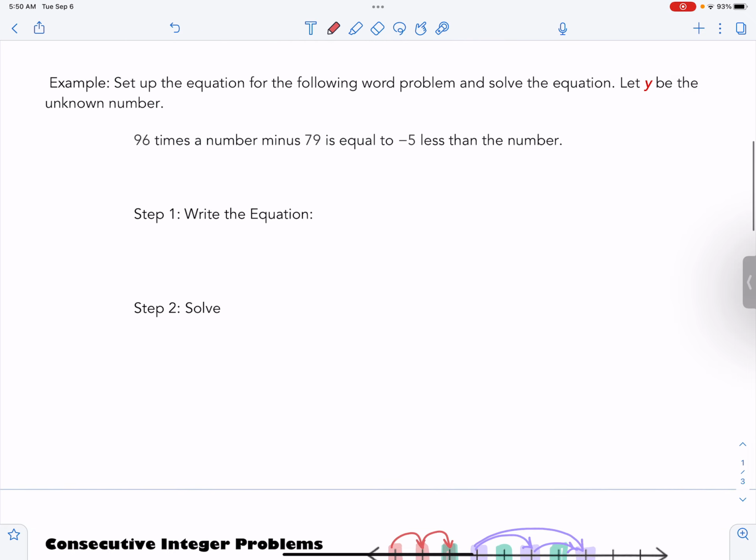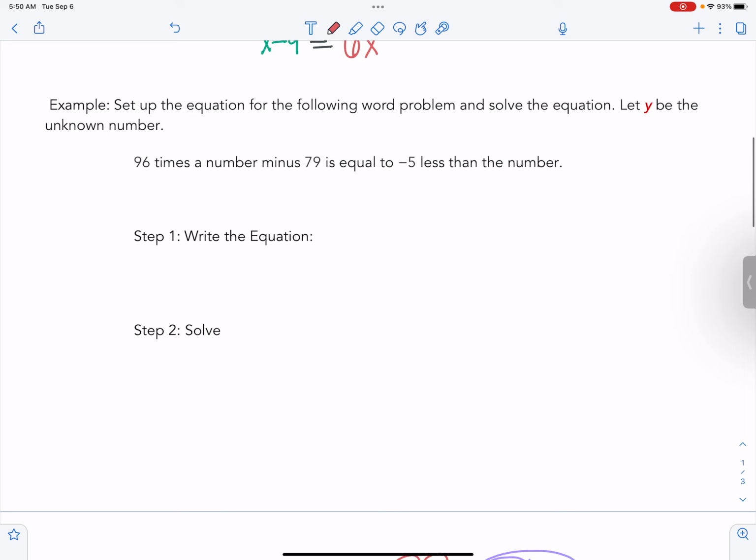Now, example 2 says set up the equation for the following word problem and solve the equation. This time it says let y be the unknown number. 96 times a number minus 79 is equal to negative 5 less than the number. So I like to find the is equal to because that kind of gives me my left and right side.